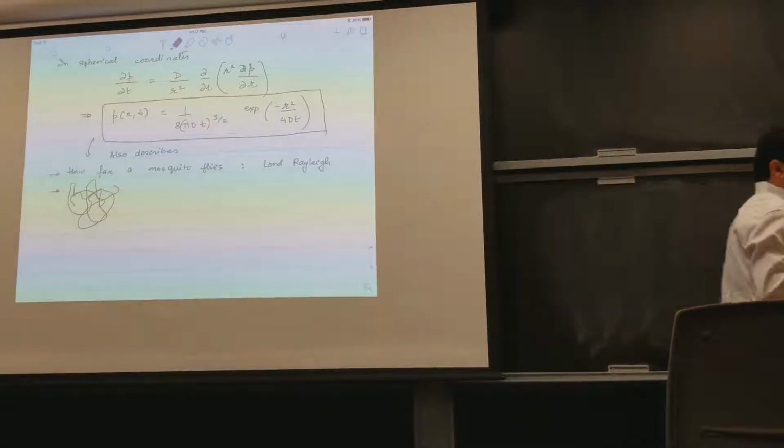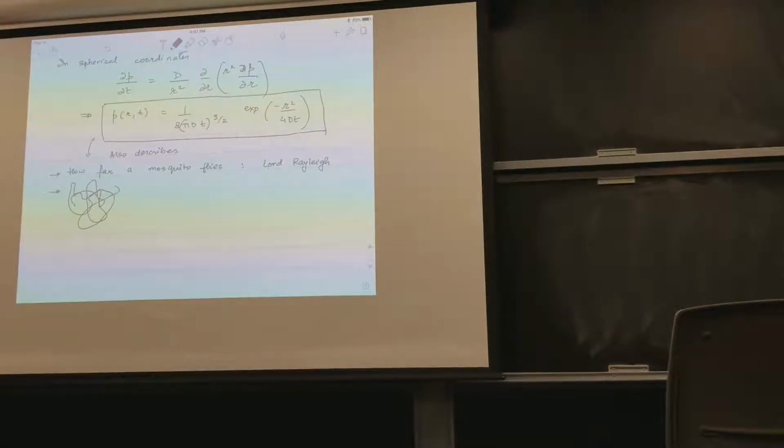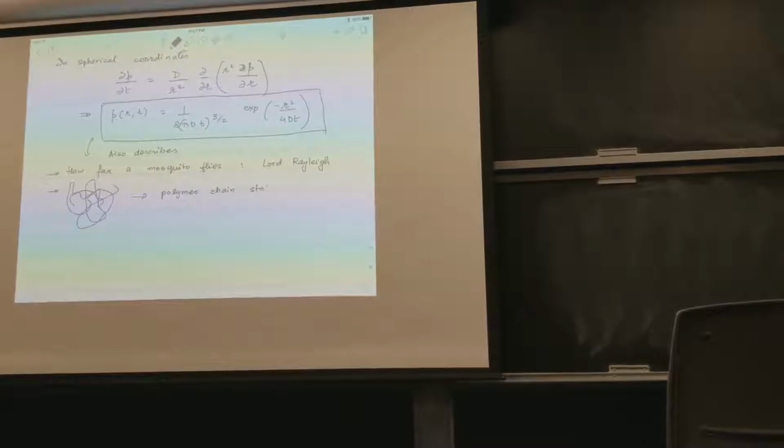And if I can say that, then that allows me to describe polymer chain statistics. And immediately I can write the mean square size of this chain, which is going to be somewhat similar to that formula.